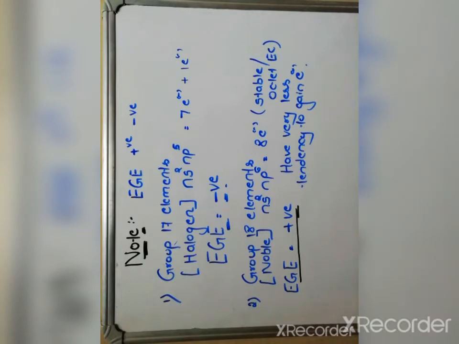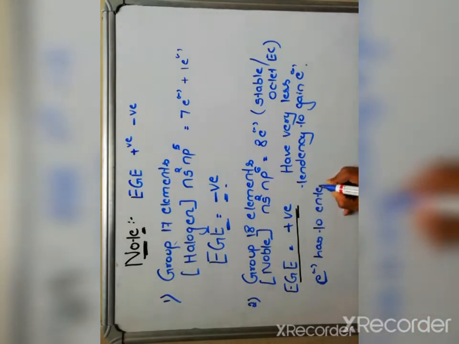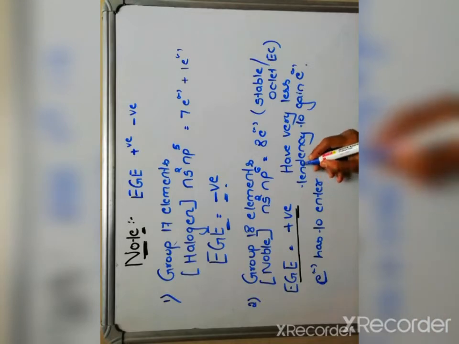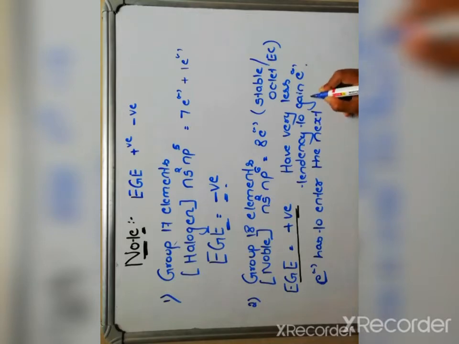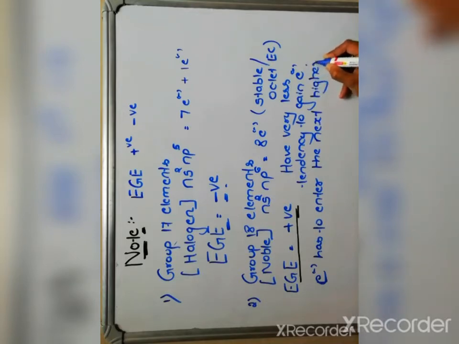In other words, the group 18 elements have positive electron gain enthalpies because the electron has to enter the next higher principal quantum number.